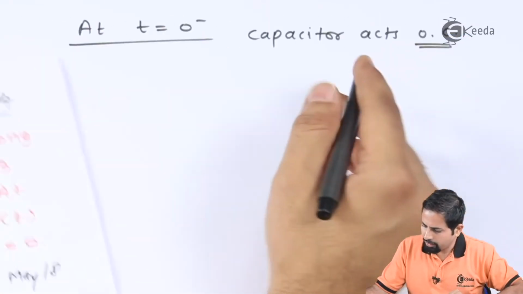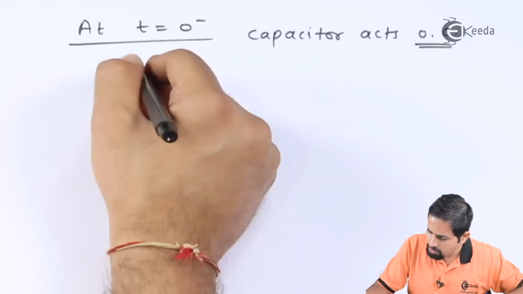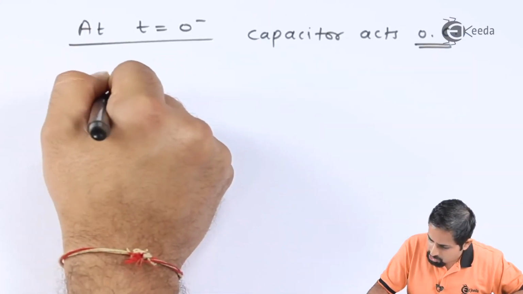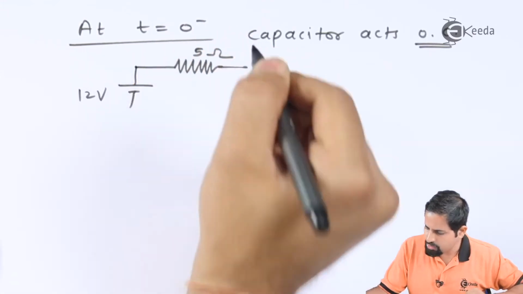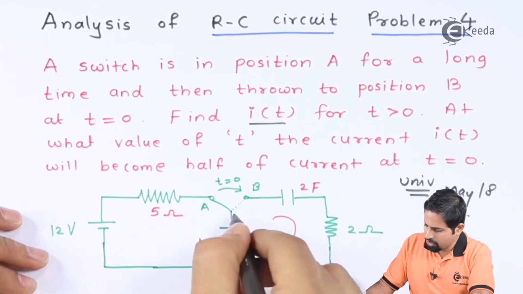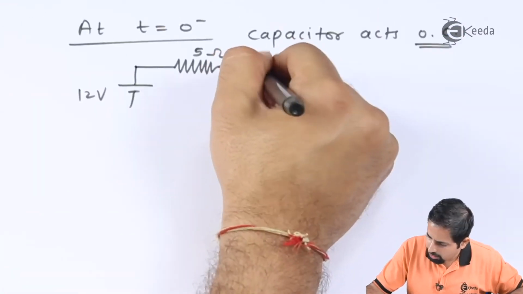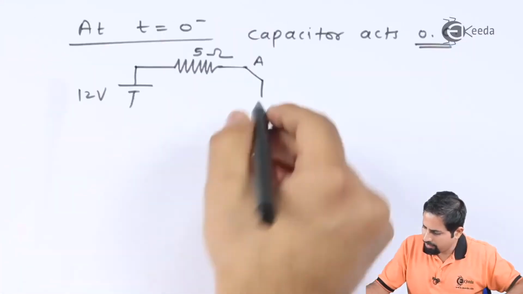We can draw a small diagram. This is 12 volt. This is 5 ohms. Then we'll draw the switch which is at position A. And instead of this capacitor 1 farad, we'll draw open circuit.